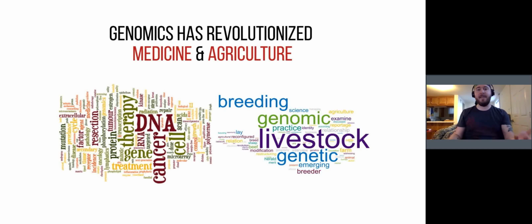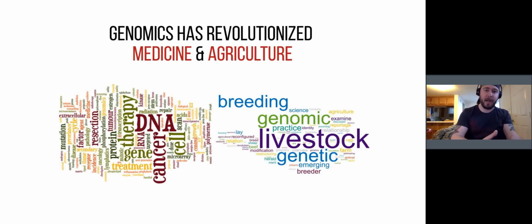And the main thing is, today, genomics is perhaps the biggest field in biology. It has really taken off, it's a revolution in its own right, and it has had a great impact on both medicine and agriculture. And no one is doubting that. The reason it has had this great effect on medicine and agriculture is that these are perhaps the two topics that we as people are really interested in.